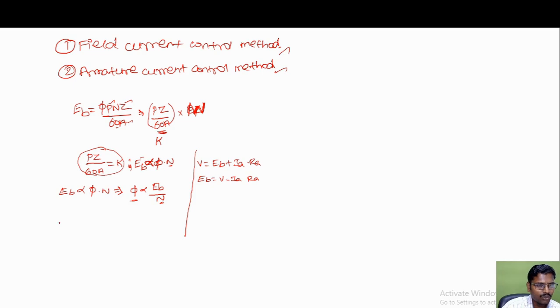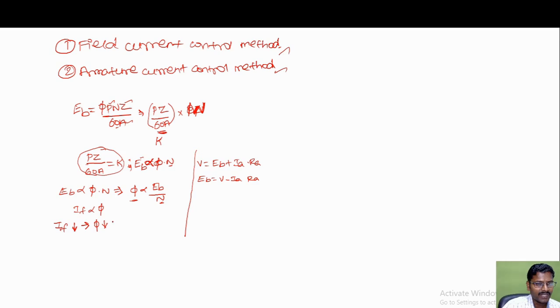Now I'm going to vary the field current of the DC shunt motor. If I reduce the field current, it will affect the flux produced in the DC shunt motor. So flux phi will get reduced, because field current and flux are directly proportional, right?